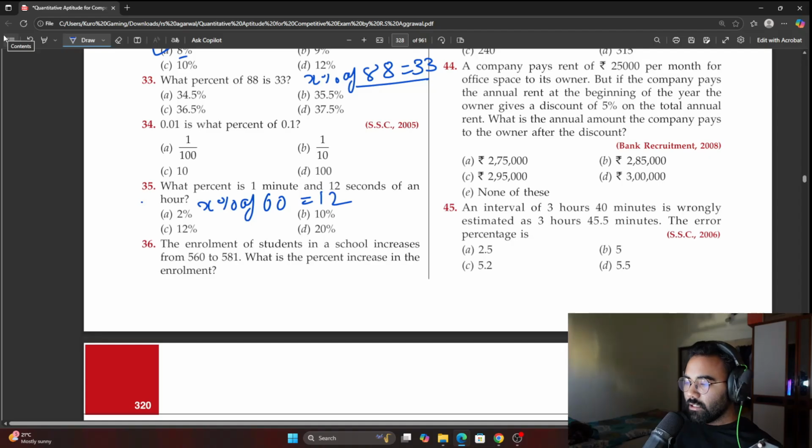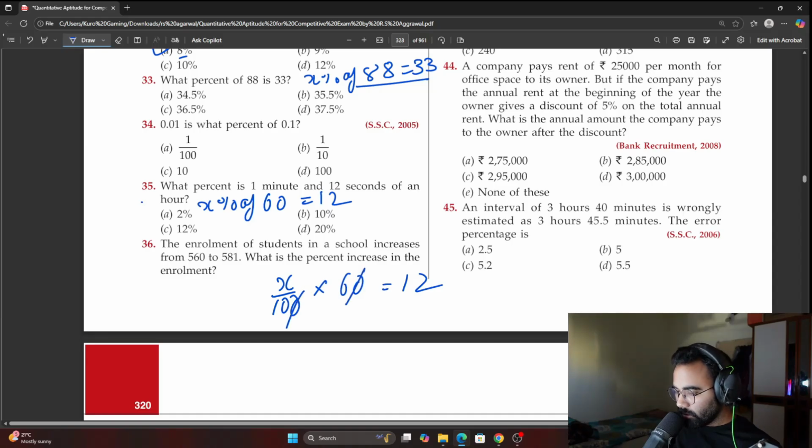So x% of 60 is equal to 12. So x upon 100 multiplied by 60 is equal to 12. So I can cut, 6 2s are 12, so x is equal to 20%. I think 20 should be the answer.